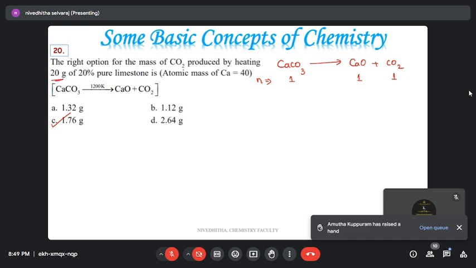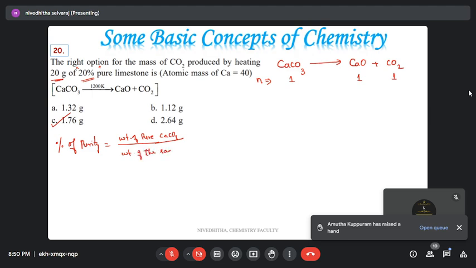They have taken 20 gram of calcium carbonate, but that is not 100% pure. That is just 20% pure. So from this, you have to calculate the exact quantity of calcium carbonate taken. We know the percentage purity formula, right? Percentage purity of calcium carbonate is equal to weight of pure calcium carbonate divided by weight of the sample.